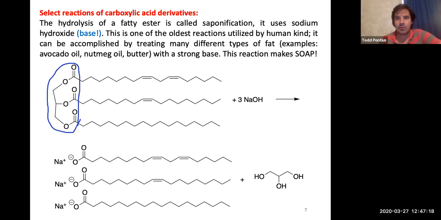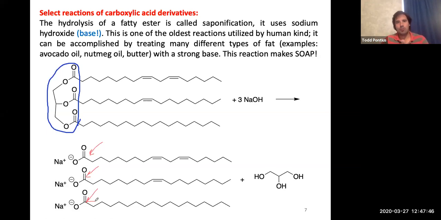And what we end up creating when we do that is we end up turning this one molecule with the 3 long chains into 3 smaller molecules, each with a long chain and each with an oxygen that has a negative formal charge on it. So why is that significant?